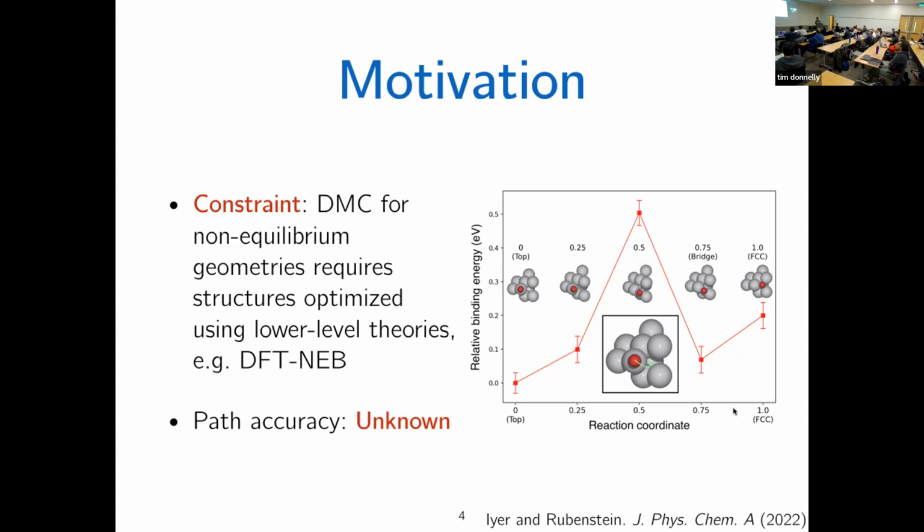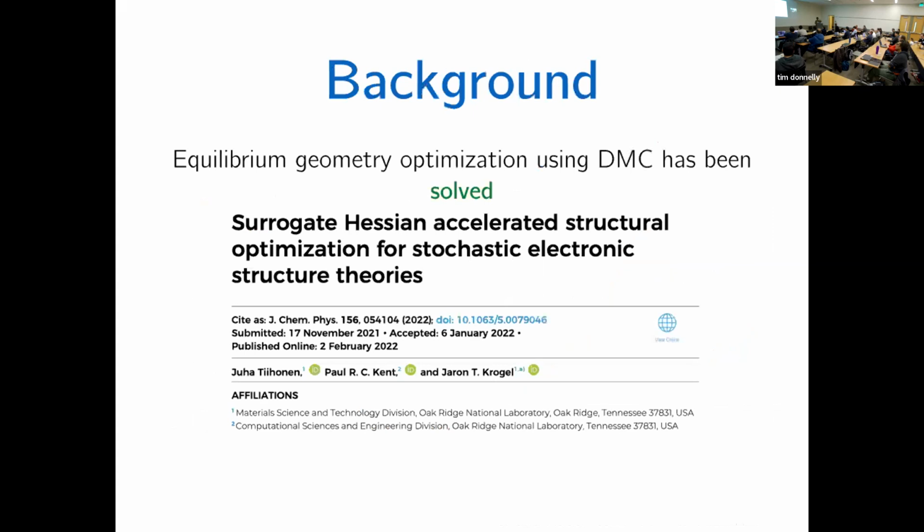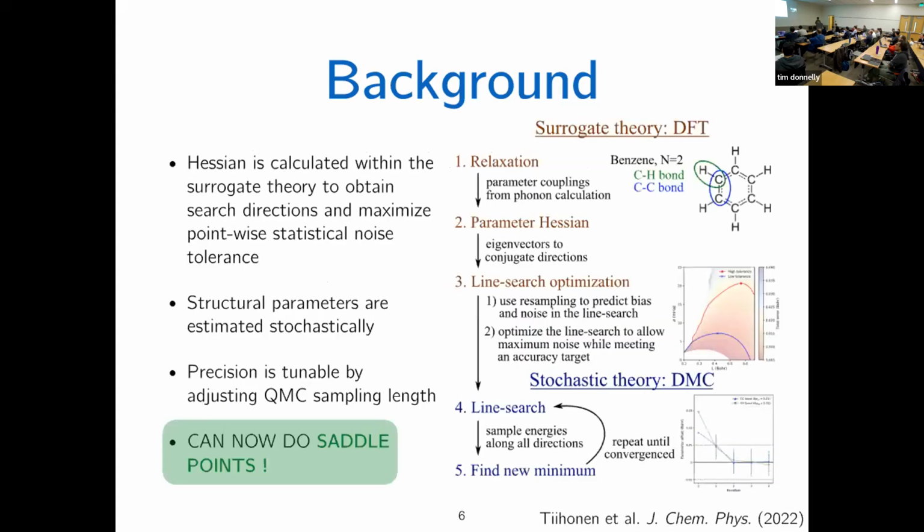Before I go any further, I just want to note that equilibrium geometry optimization for DMC has been solved, as we saw yesterday. To quickly summarize that method, you first take your system and convert it to some reduced structural parameterization as far as you can, so that you have a smaller space to optimize within.